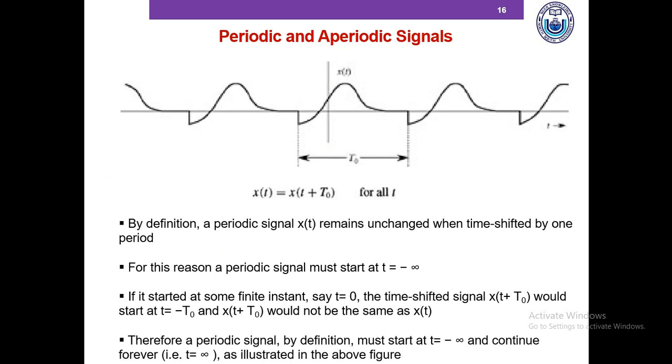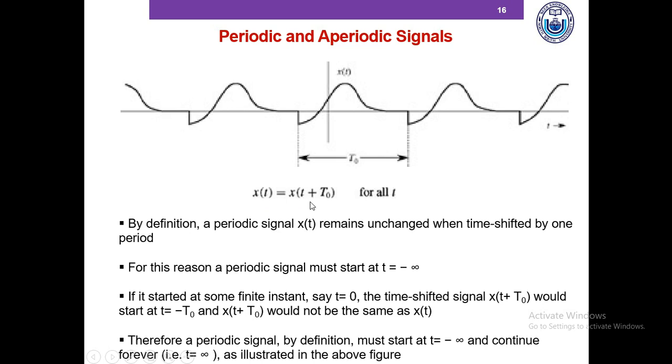By definition, a periodic signal x of t remains unchanged if we shift it left or right. For this reason, a periodic signal must start from minus infinity. If it started at a finite time instant, let's say at t equals 0, and we shift it left or right, then the signal changes. It would not remain equal to the original signal anymore.